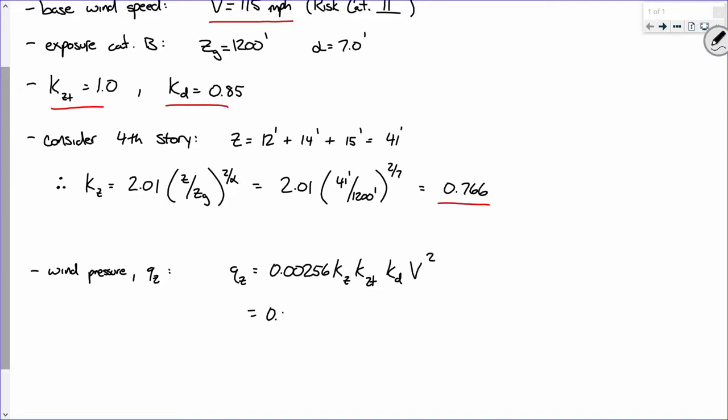So that's 0.00256 times 0.766. Kzt is 1. Kd is 0.85. And 115 squared will give us our answer in pounds per square foot. This 0.00256, it's part Bernoulli's equation, and it's part a unit conversion to convert miles per hour into pounds per square foot.